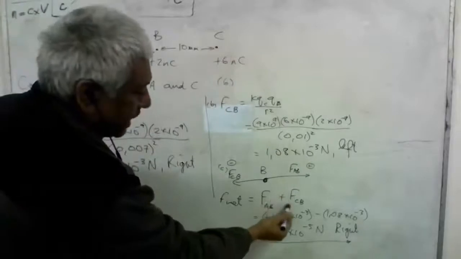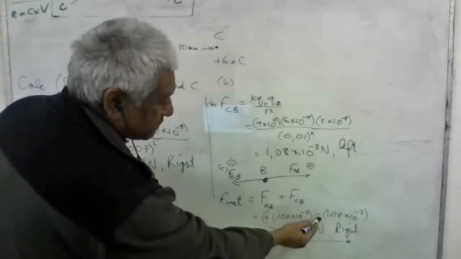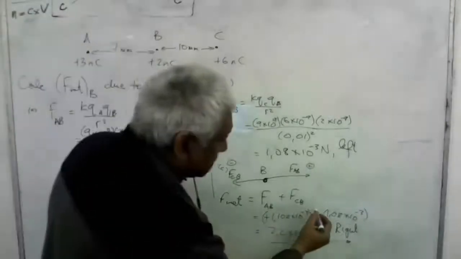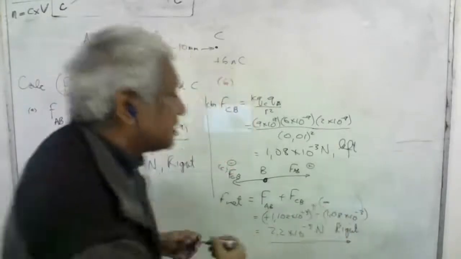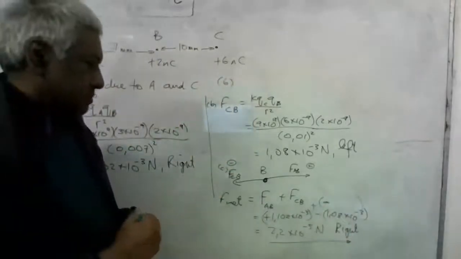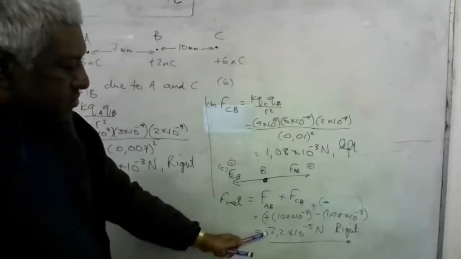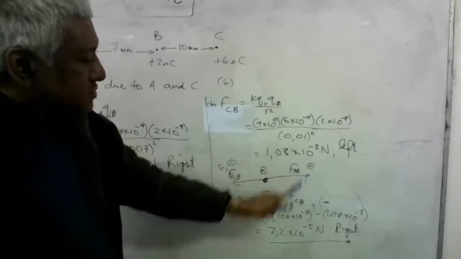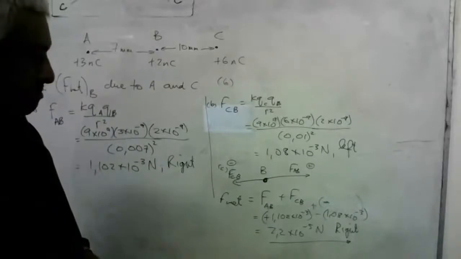And we still need to add the forces, but in the substitution step you bring in a negative. You could have, if you so wish, made this maybe a plus, and then in a bracket put in the minus sign. That will also be acceptable. Okay. And then you end up with a positive value, and because we selected the right as positive, therefore the resultant direction will be to the right.